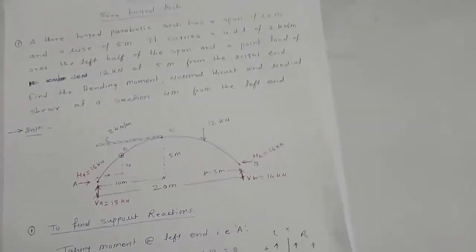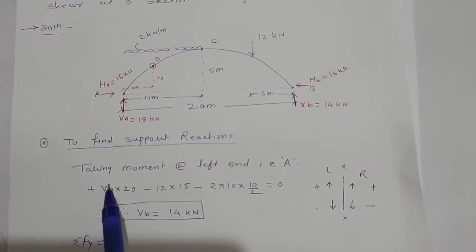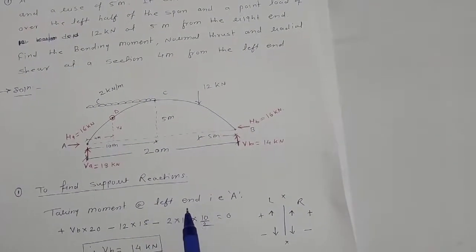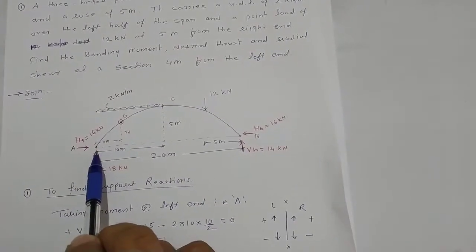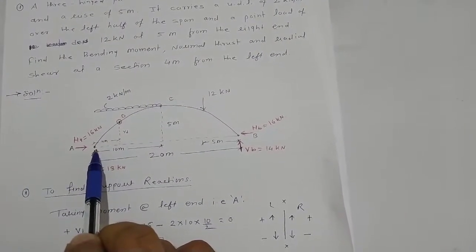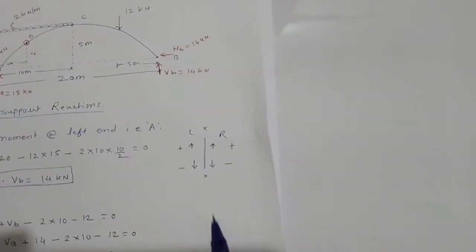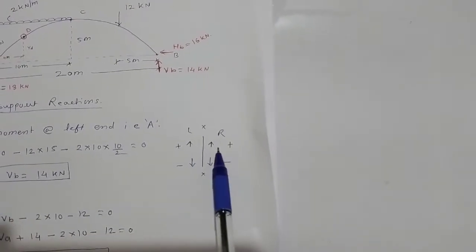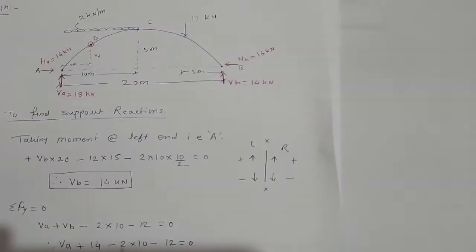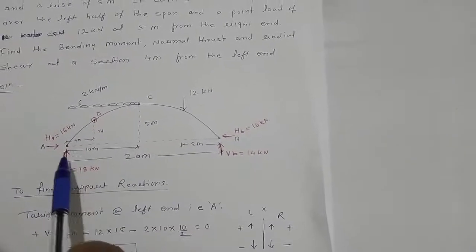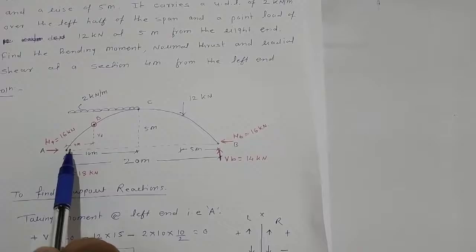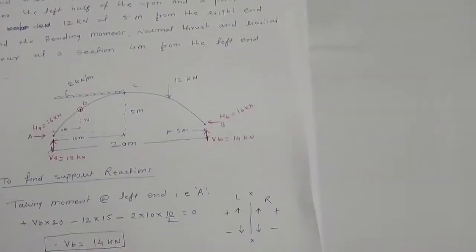So we will take the moment about left end, that is A, and we will calculate the support reactions. We will follow the sign convention: left side, right side, upward positive, downward negative. So we will take the moment about this point and consider the whole right side.